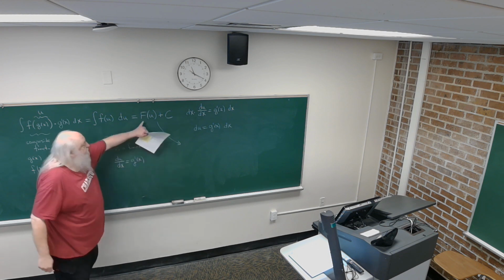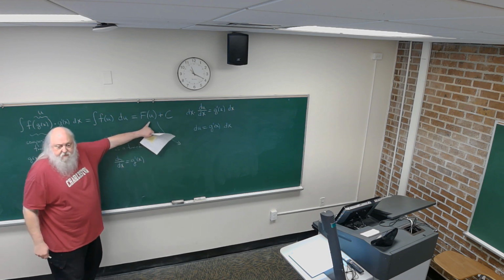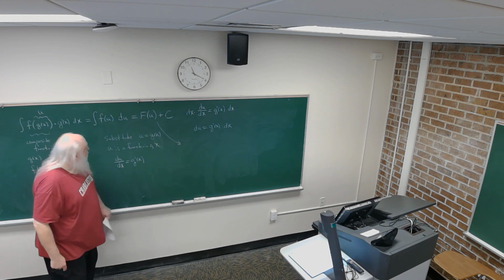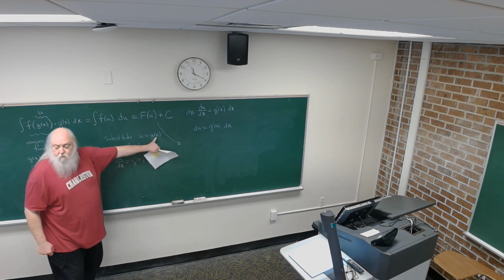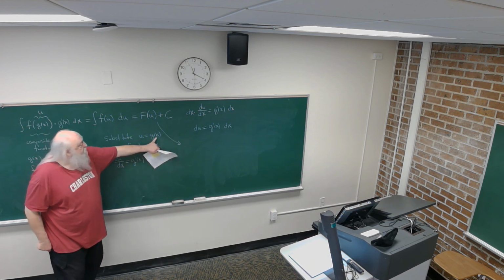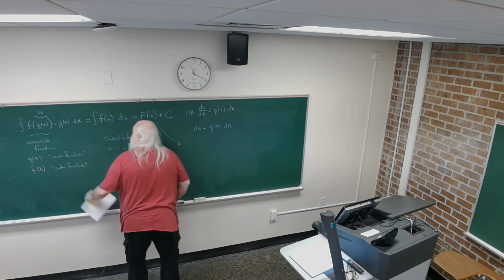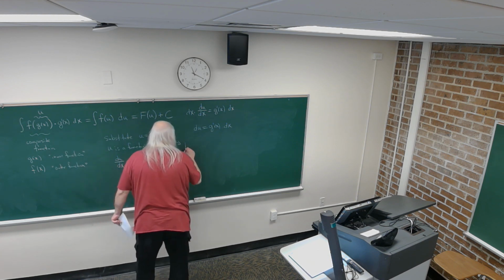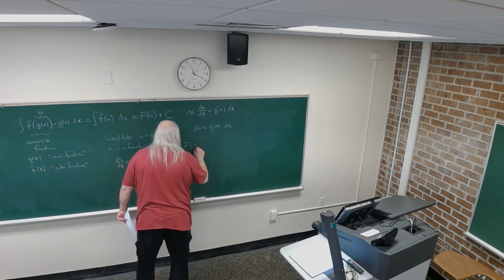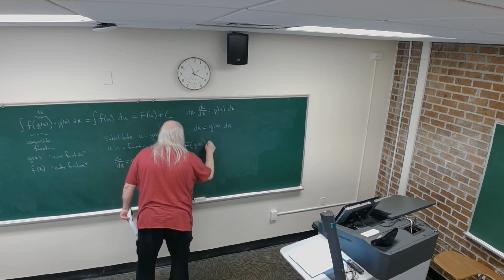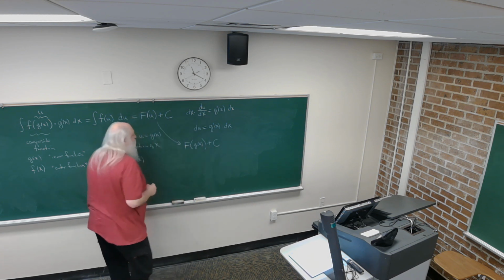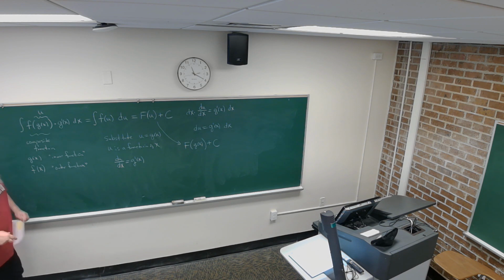And once we find this antiderivative in terms of the variable u, we replace u with what we set it equal to, g of x. And so the antiderivative of our original problem is F of g of x plus c. So we can't get the antiderivative of our original problem just using the basic rules of antidifferentiation.